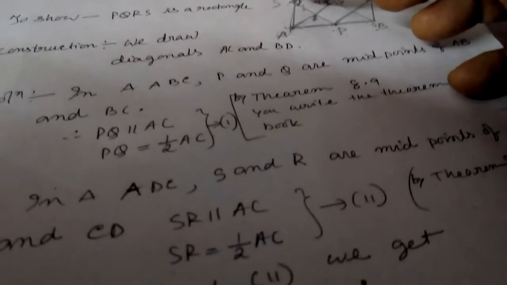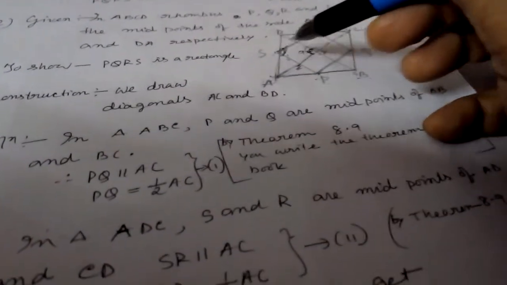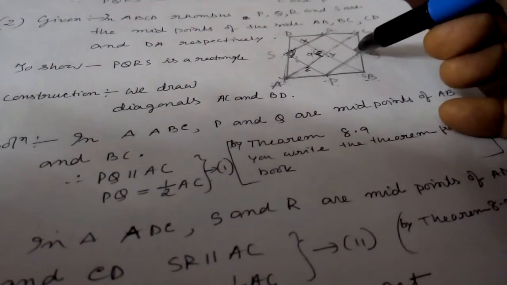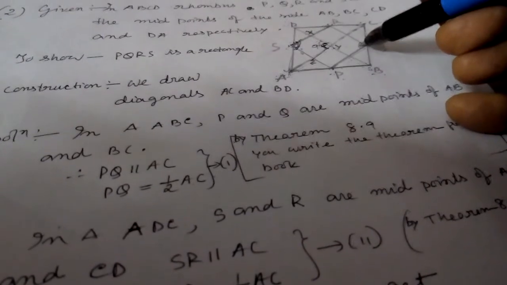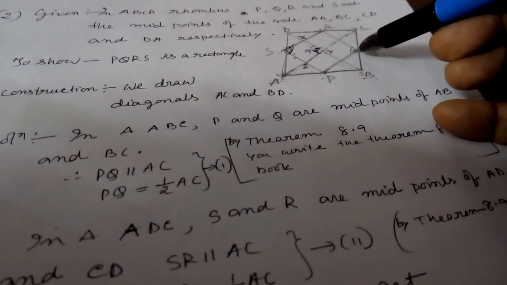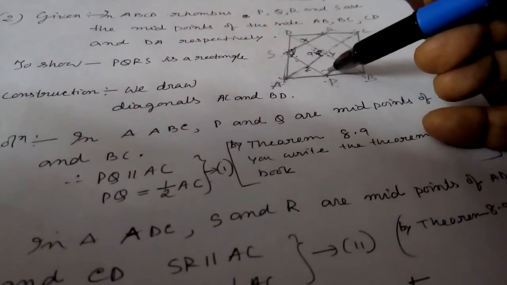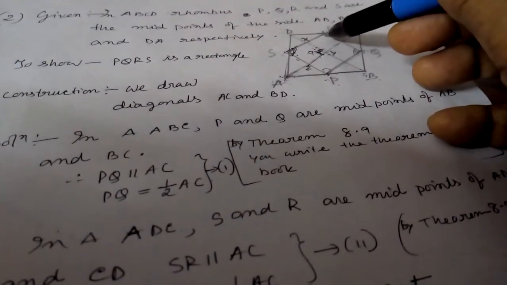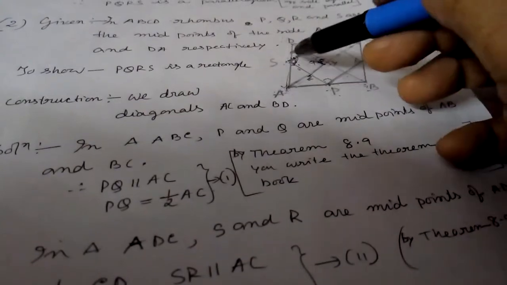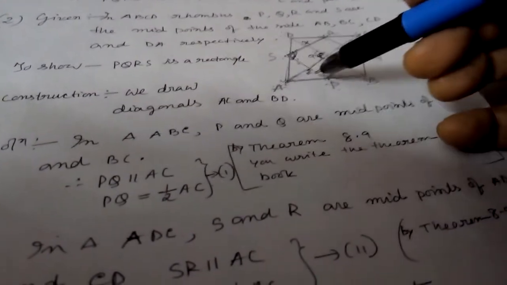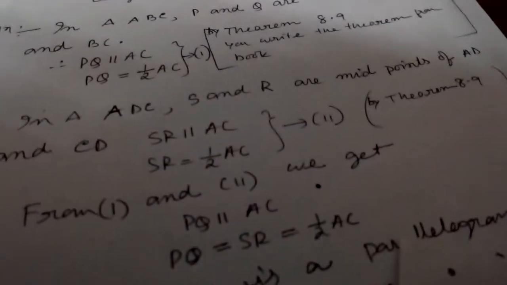Angle S is equal to angle Q, so it is 90 degrees. Since P plus Q is 180 and Q is 90, P is 90. Then the opposite angle R is also 90. So each angle is 90 degrees and it is a parallelogram. So PQRS is a rectangle. Can you understand?